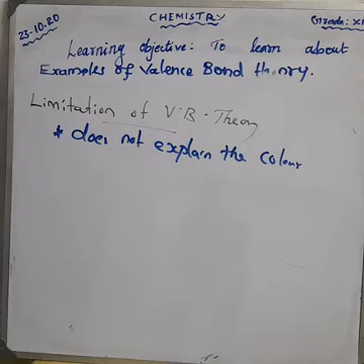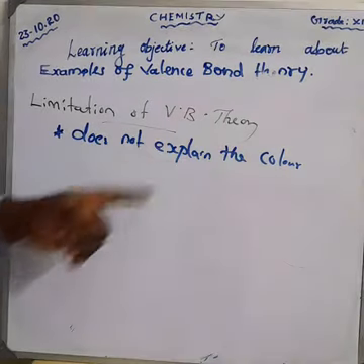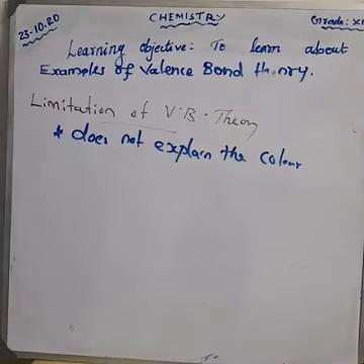It also explains the coordination number, the hybridization, the geometry, the magnetic property and the magnetic moment. Everything is good, but one limitation is that it does not explain the color of the complex.